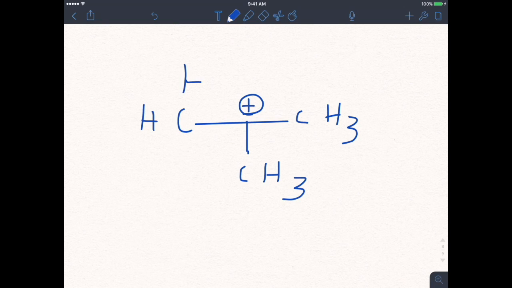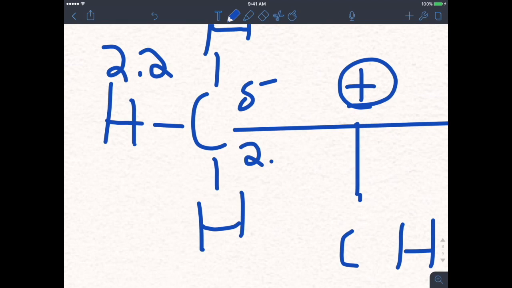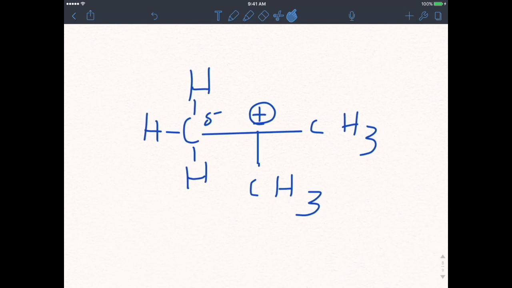And then for this one, I'll draw the H's out. Now for each one of these, even though this doesn't really have any strong hydrogen bonds, it still has a partial negative here. Very, very small partial in the center. That's because the electronegativity of hydrogen is about 2.2 and carbon is about 2.5. So all the dipole moments are slightly going towards carbon, giving it a tiny little negative charge. And that's true for all the carbons around this positive charge.